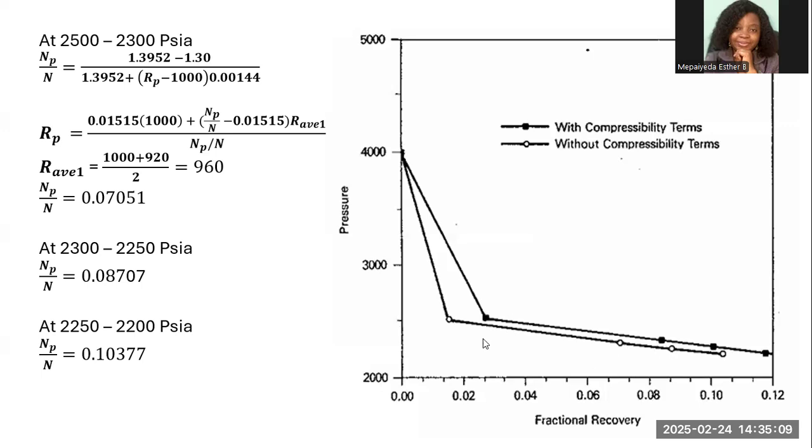So should the effect of Cg, compressibility terms, that's Co, Cw, below the bubble point pressure, should it be added to the drives while estimating our recovery factor? Just a bit higher here. The one with compressibility terms, the recovery factor is a bit higher. So it's sensitive to pressure.